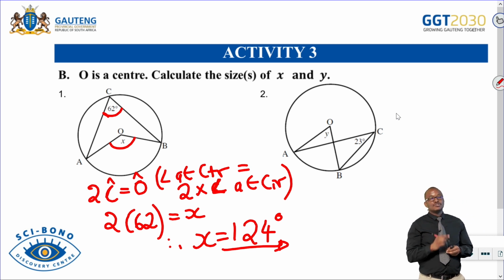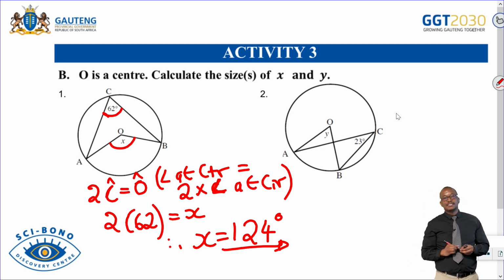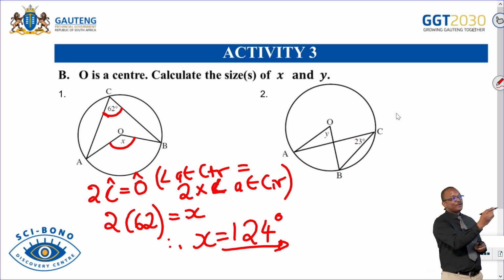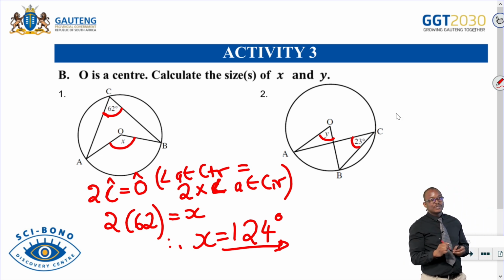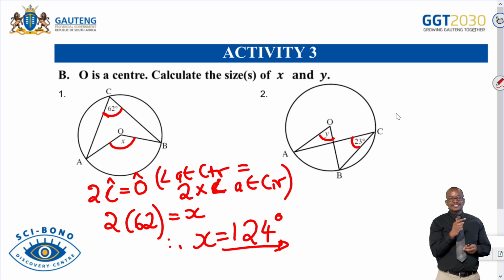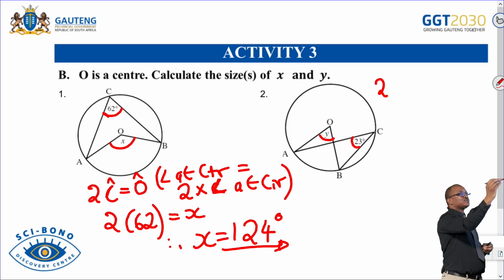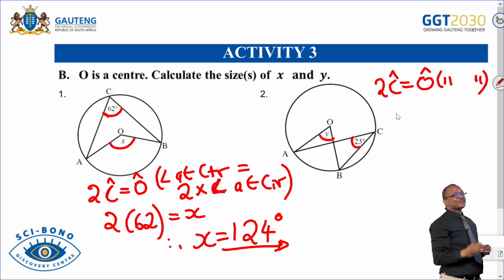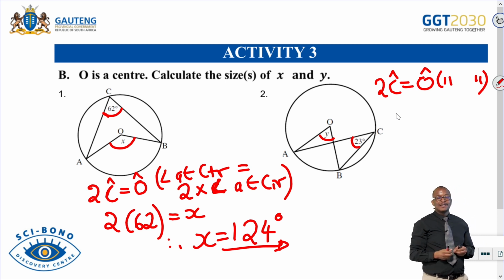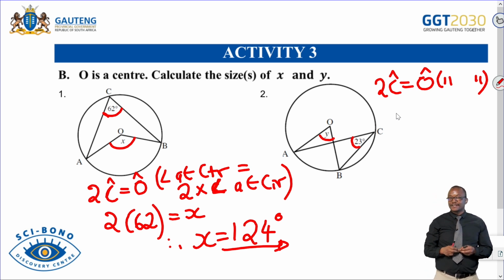So now we go and look at the second one. The second one now, we still have the very same scenario whereby the angle at the circumference is given as 23 and the angle at center is y. It's unknown. Then it's going to be 2C, it's equal to angle O. And the reason is the same as that one: angle at center is twice the angle at the circumference.